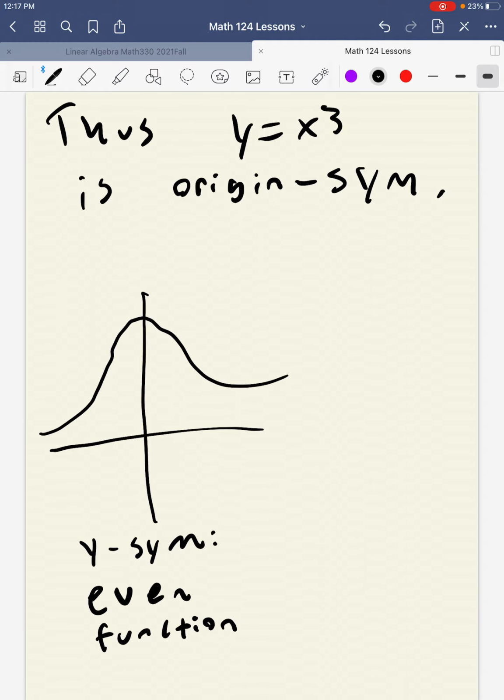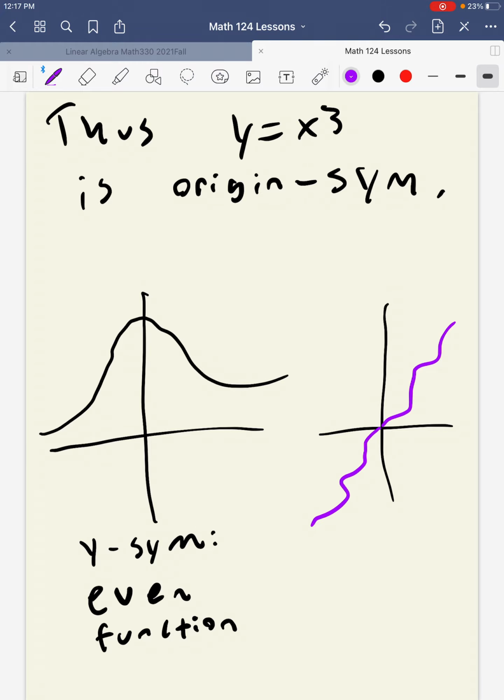So something that is symmetric about the y-axis we call an even function. And something that is symmetric about the origin, origin symmetry, is something we call an odd function.